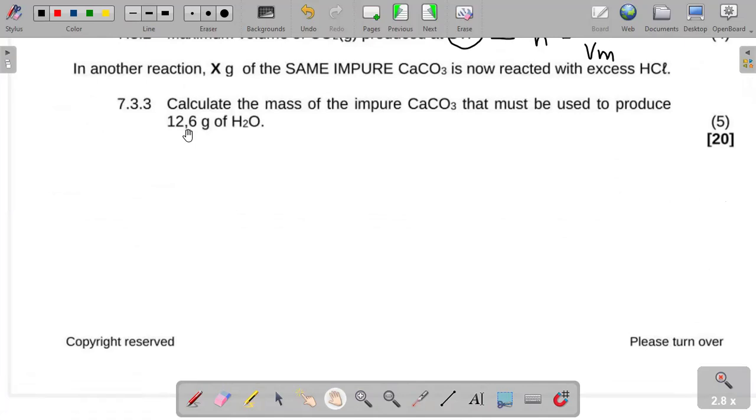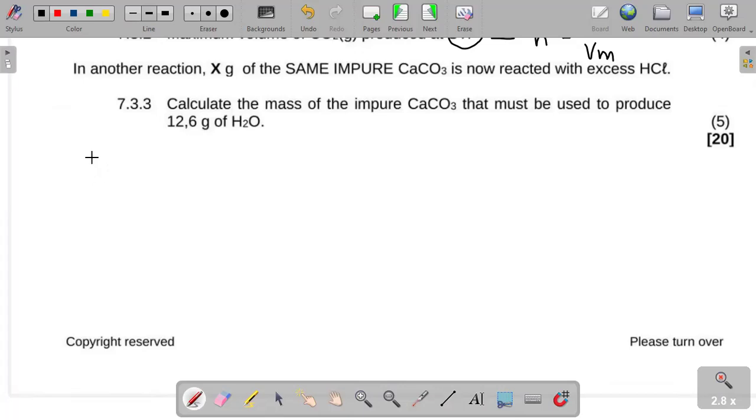What this can do is help us find the number of moles of H2O, isn't it? The first thing we do, we find the number of moles for H2O.